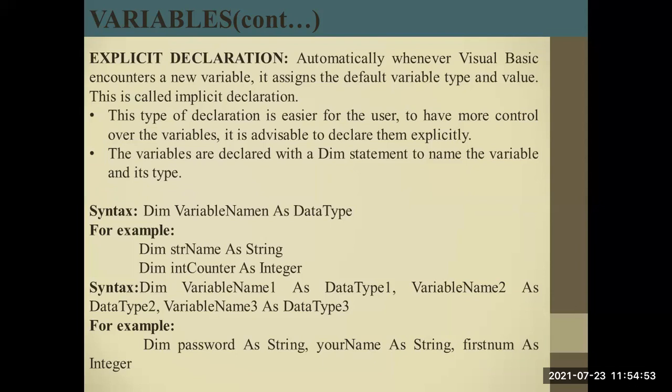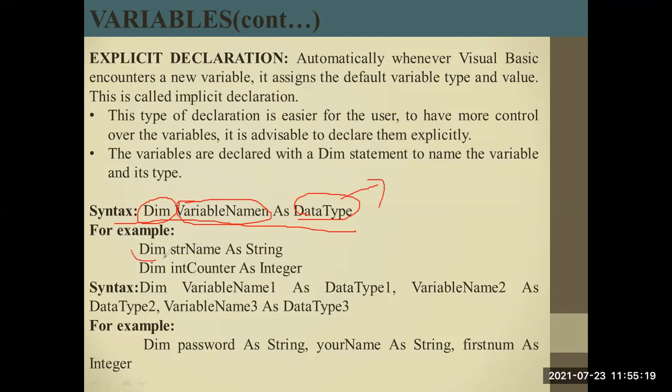Now this is the syntax for declaring variables. This is your Dim statement, and next we have the variable name, then As, then the data type, which is the type of data that is going to be stored.